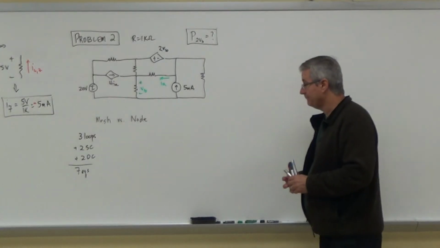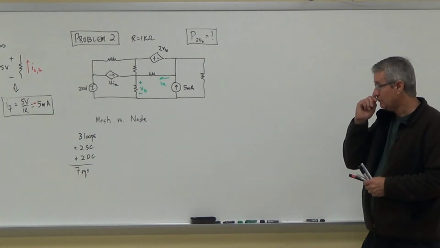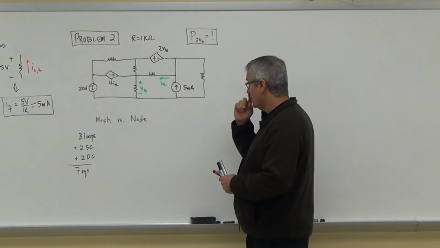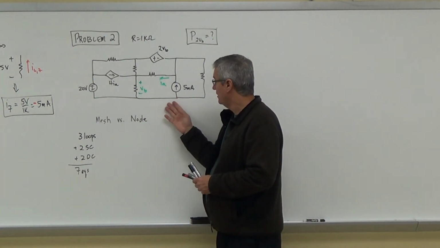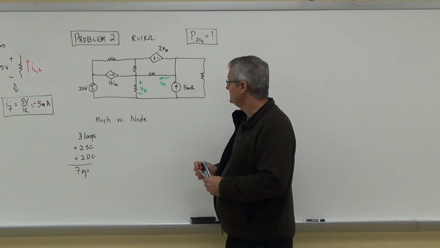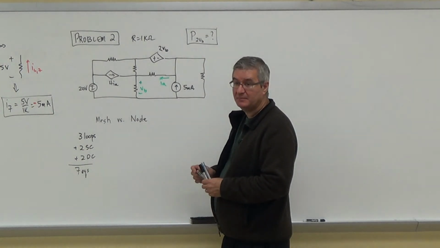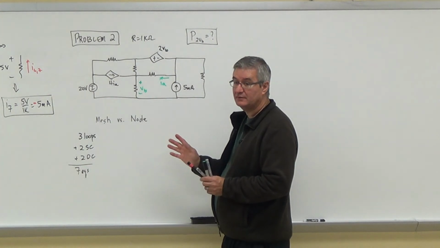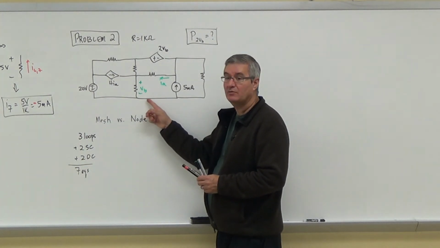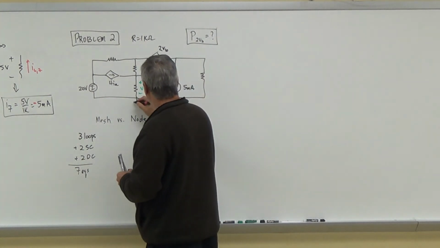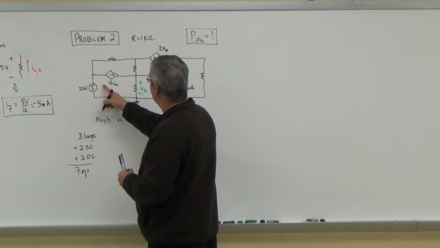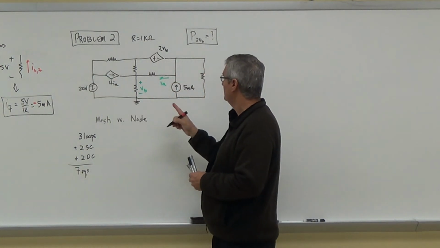Okay. What about node? With node here, it doesn't really matter where I put the ground, because I'm going to get a supernode no matter what. So I probably put my ground right here. If I put my ground right here, then that node is known.